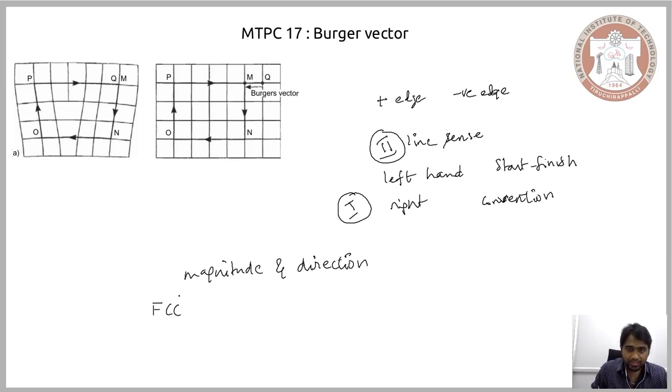The Burgers vector, when the displacement between the atoms is similar to that of the corner atom and the face centered atom, is represented in this manner: 1/2 of [1 1 0], because the position of the atoms when you compare the corner atom and the face centered atom is along this direction.